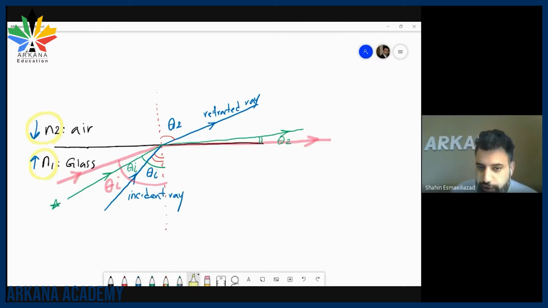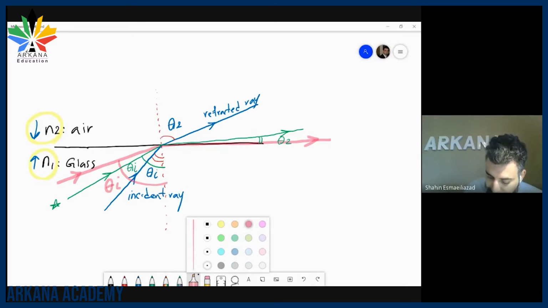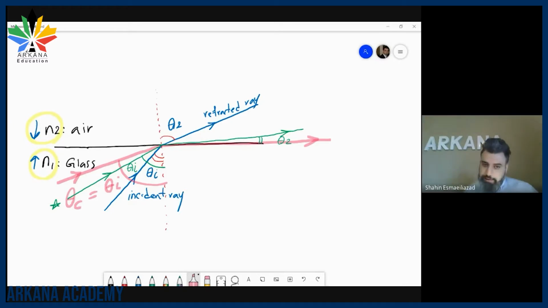From that point on, all the light rays with angle higher than theta I, which we're going to call now theta C, because that's our critical angle, anything higher than the critical angle will definitely have a situation that the ray is not going to be able to escape from the medium, and it will have a total reflection.